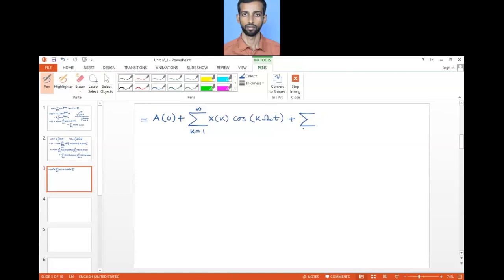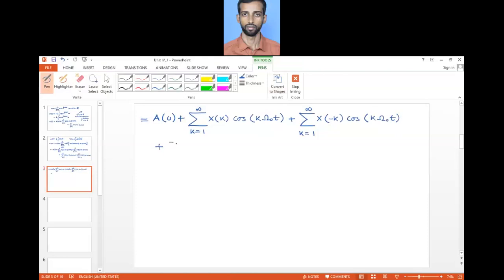If I just replace k with minus k, then I can simply write k equal to 1 to infinity x of minus k cos k omega naught t, because cos is an even function.